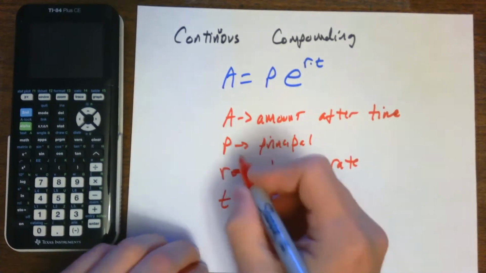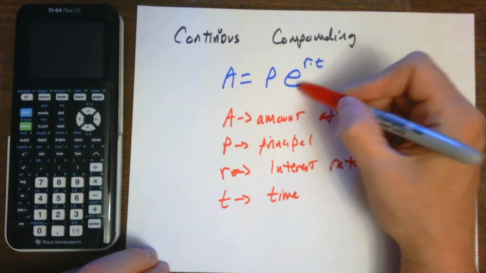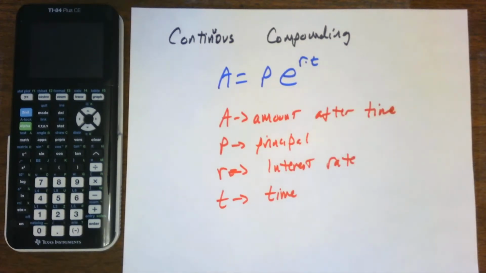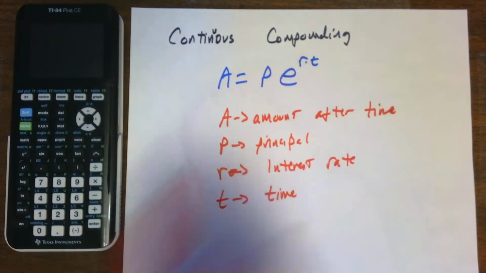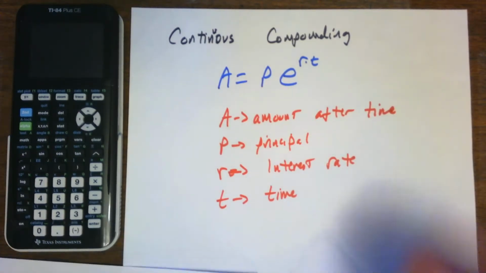T is time. So all of these variables we know. e is not a variable. e is that number on our calculator, 2.718, whatever it is. It's a constant. Just like pi is a constant we use with circles, e is a constant we use with compounding. All right, so let's take a look at an example.